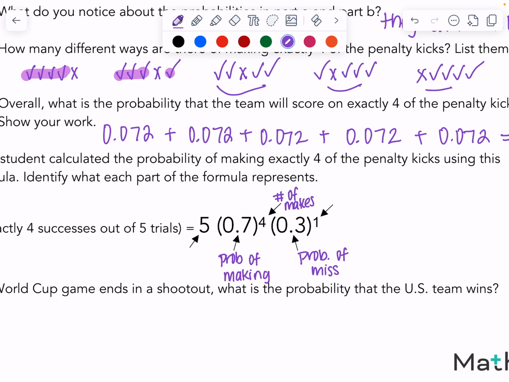And that means that out of the 5 shots, since we make 4 of them, the 1 is going to be the number of misses. The 5 at the very beginning, that's the only thing that we don't have labeled. The 5 is the number of ways that this can occur.